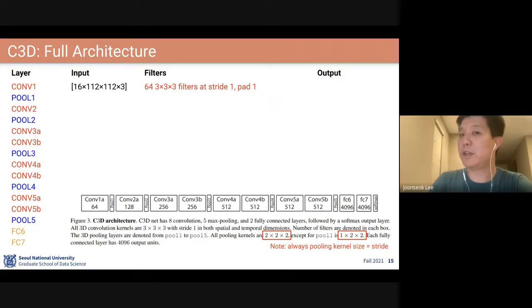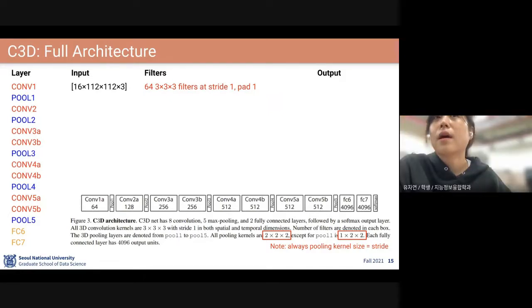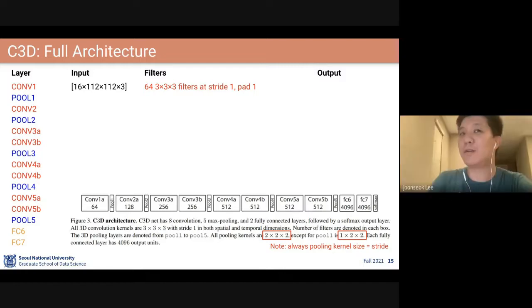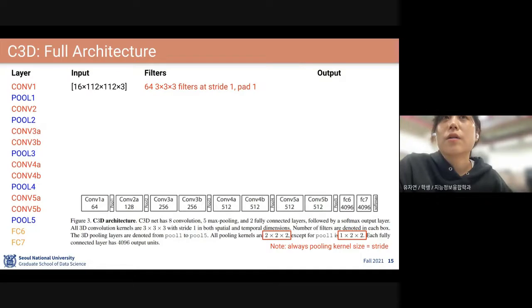By 3? Why? The input dimension is 3 and stride 1 and padding 1 is applied to the input, so the output dimension is also 3.